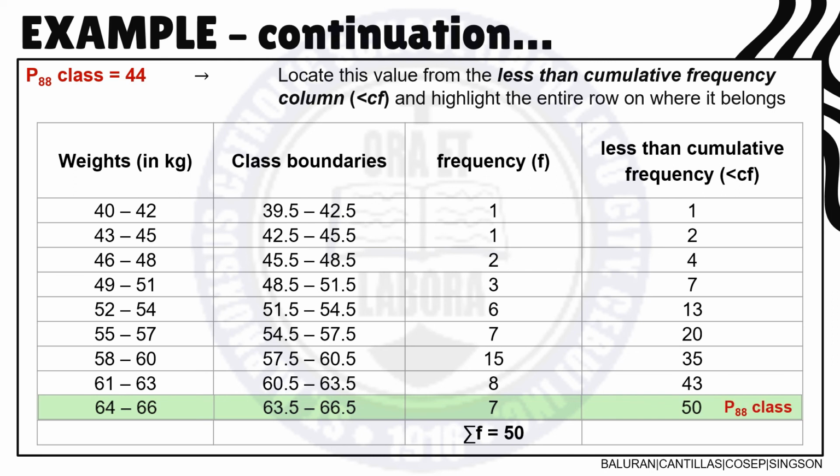Then we will find the values of the lower boundary, which is 63.5, our CF below, which is equal to 43, and our frequency, which is equal to 7. Then our interval is equal to 3.